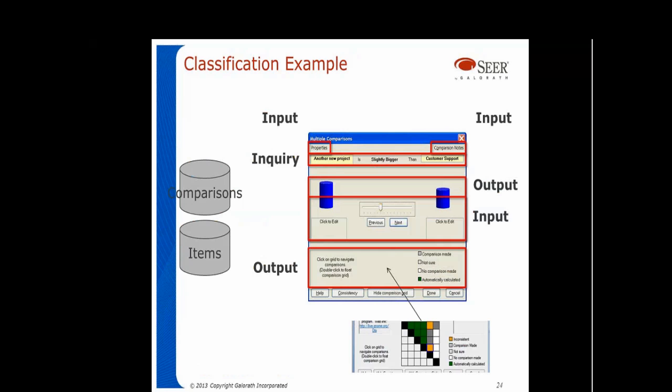Classification example here is the size by comparison screen. Here we have an input, an output, slow down a second. We have an input here, which are the comparisons being made. The user moves these sliders back and forth. And as those sliders move back and forth, we're updating comparisons.